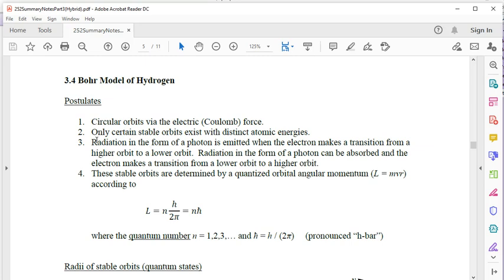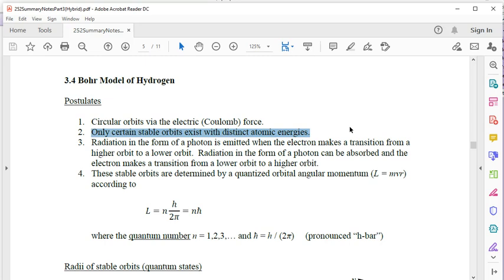Okay? All right, now the second one, he has to assume, because he knows that an atom has to be able to exist, right? The electron's not just going to spiral into the positively charged nucleus. So what he says is there have to be certain stable orbits with distinct energies. So there have to be certain orbits where the atom is stable.